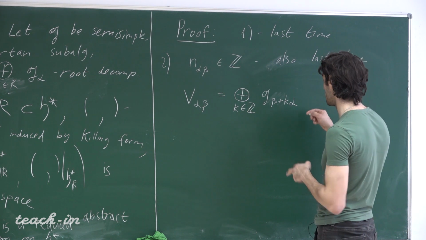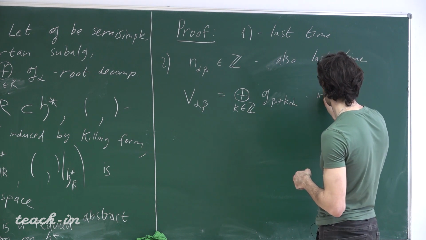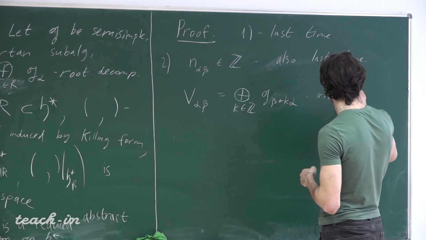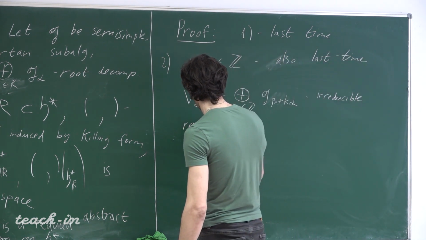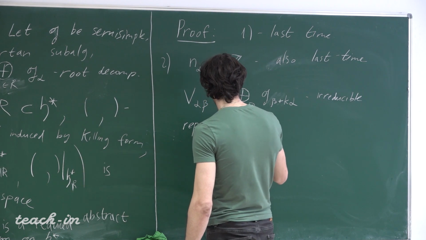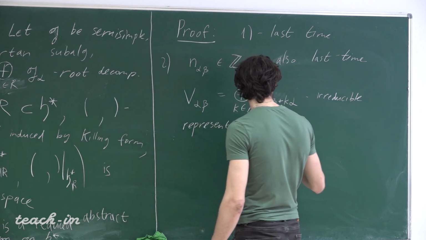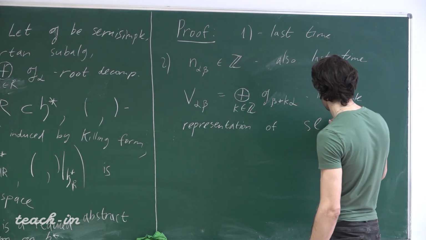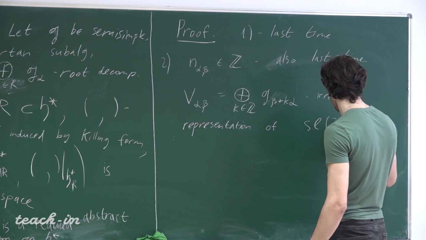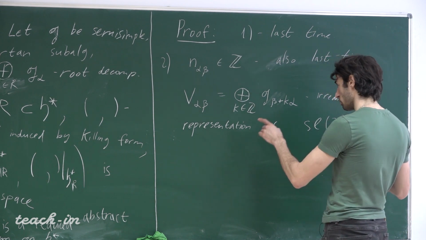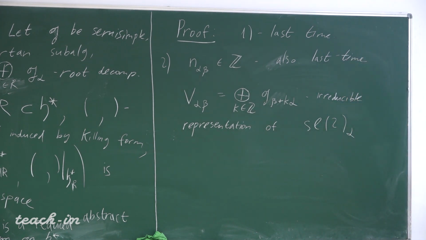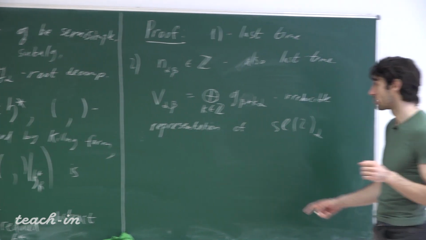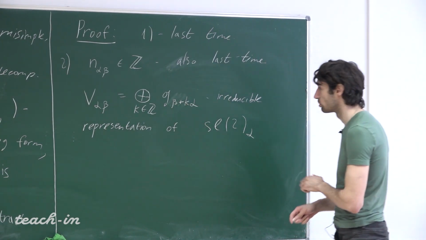So we proved that this is an irreducible representation of SL2, but we need the particular SL2 which corresponds to the root alpha. Okay. So here alpha and beta are of course roots.